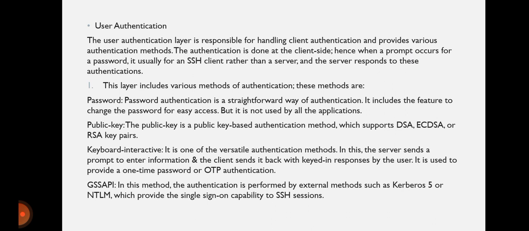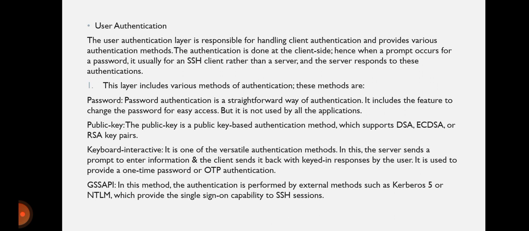This layer contains various methods of authentication. First one, password. Password authentication is a straightforward way of authentication. It includes the feature of changing the password for easy access, but it is not used for all applications. Next one, public key. Public key is a key-based authentication method which supports DSA, ECDSA or RSA key pairs. Next one, keyboard interactive. It is one of the versatile authentication methods.